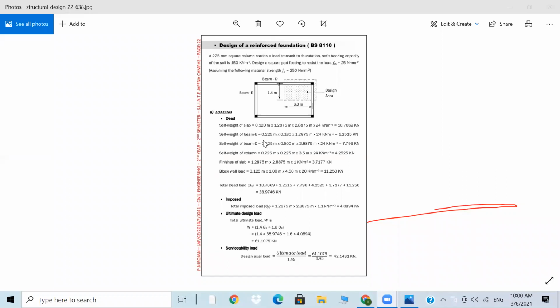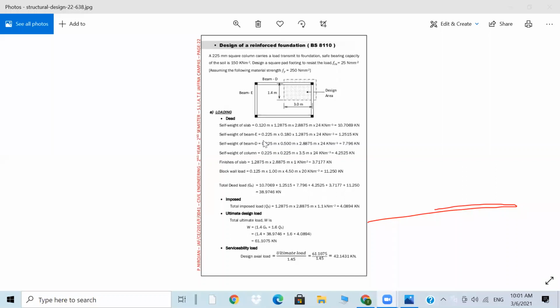The question is: a 225 millimeter square column carries a load transmitted to the foundation. Safe bearing capacity of the soil is 150 kilonewtons per meter square. Design a square pad footing to resist the ultimate load. The characteristic concrete strength is 25 megapascal, assuming the material strength is 250.